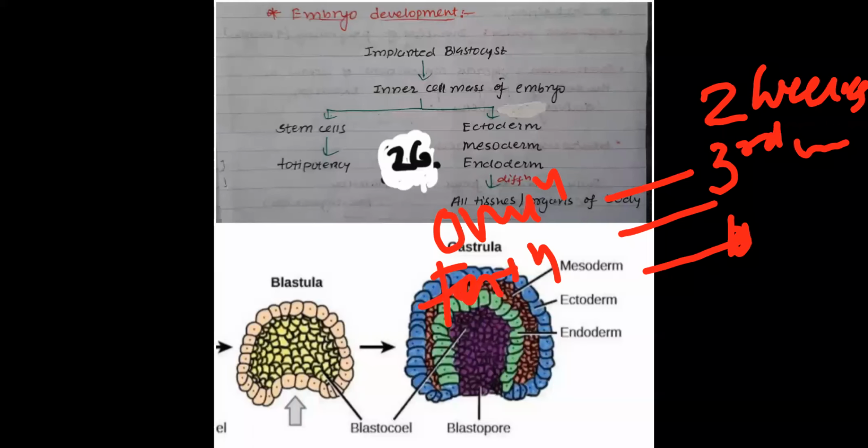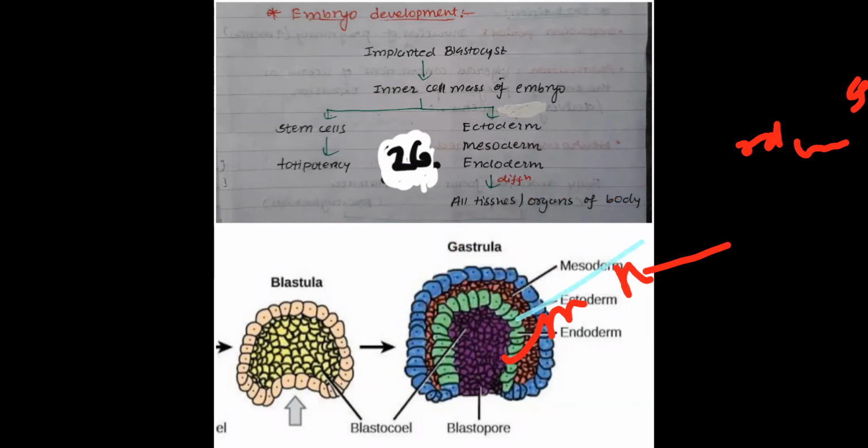And within 1 week, that zygote passes from the 2-cell stage, 4-cell stage, morula stage, then transforms itself into the blastocyst. And in the 4th week beginning, that is around the 22nd-23rd day, implantation occurs.